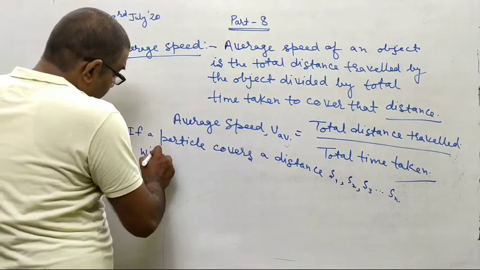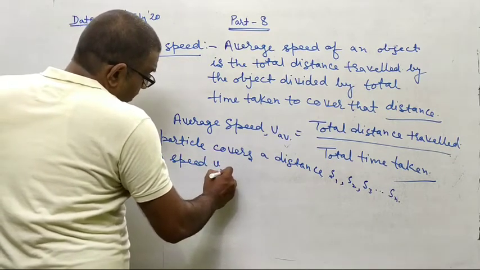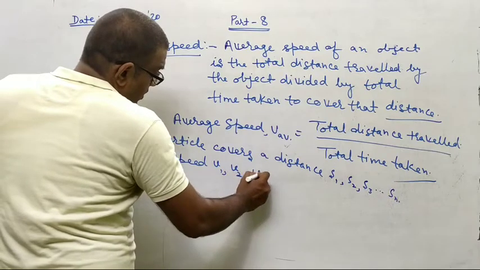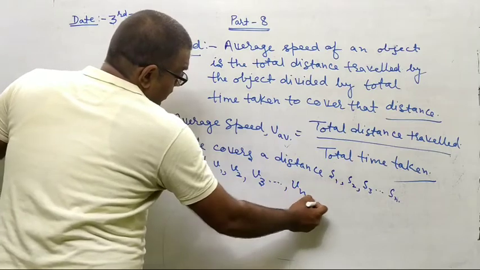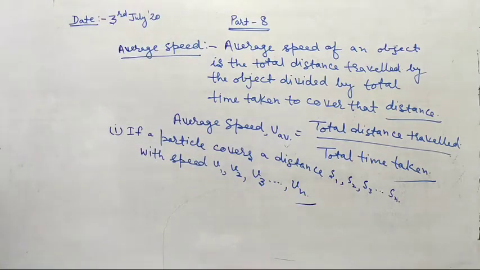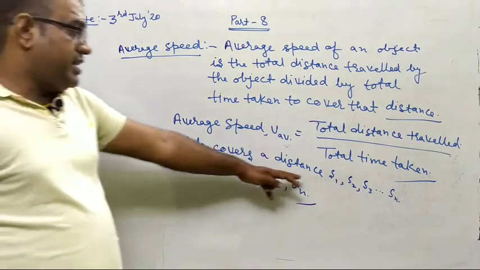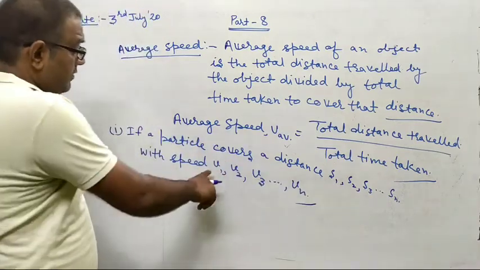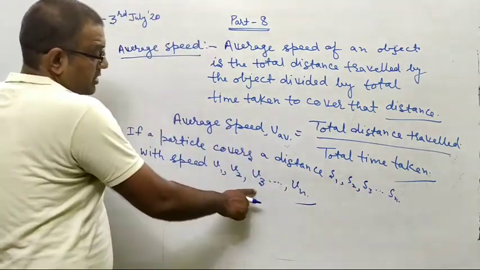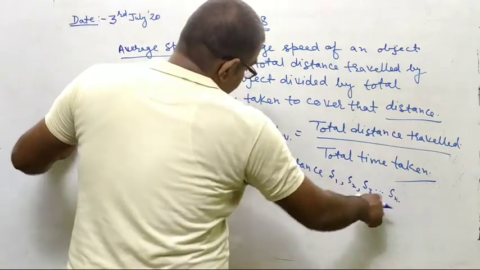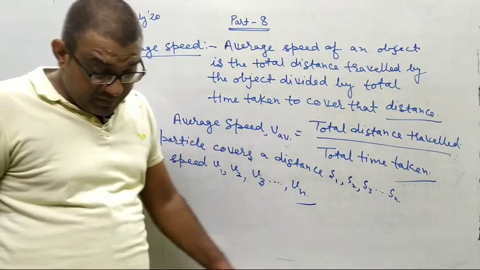Time is not given here. It means an object is traveling s1 distance with velocity v1, s2 distance with velocity v2, s3 distance with velocity v3, and the nth distance sn with velocity vn.